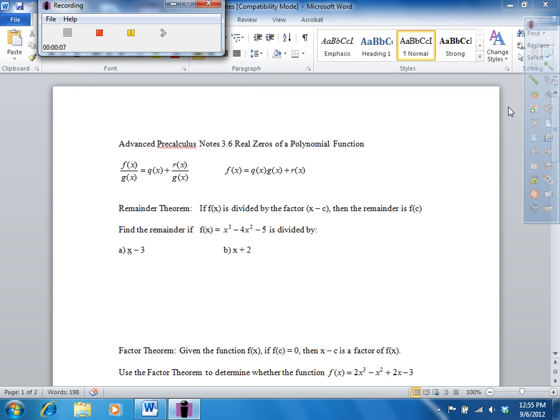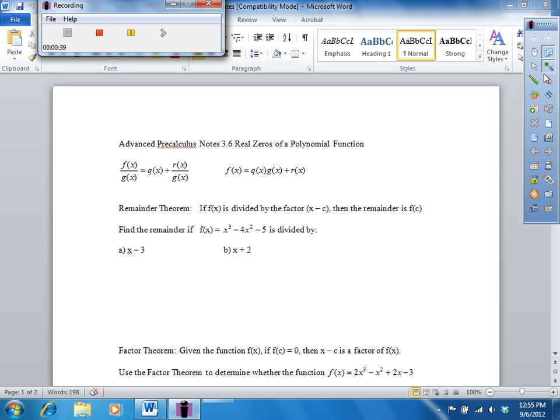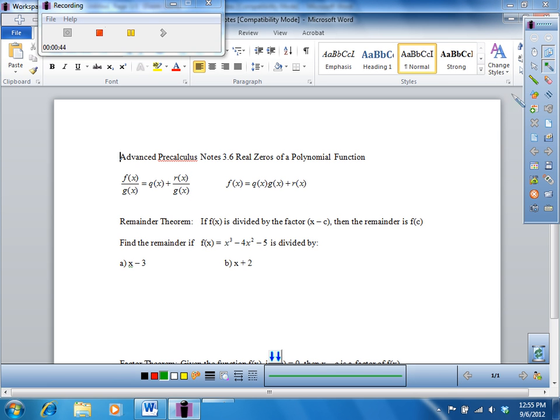For instance, say I had 3 divided into, I don't know, 28. How many times does 3 go into 28? 9, right?